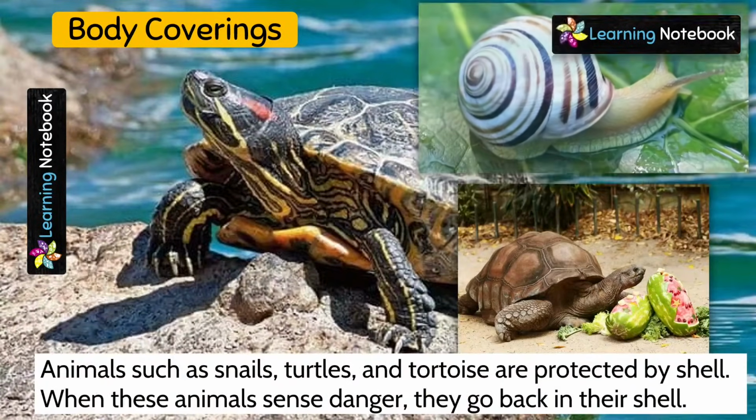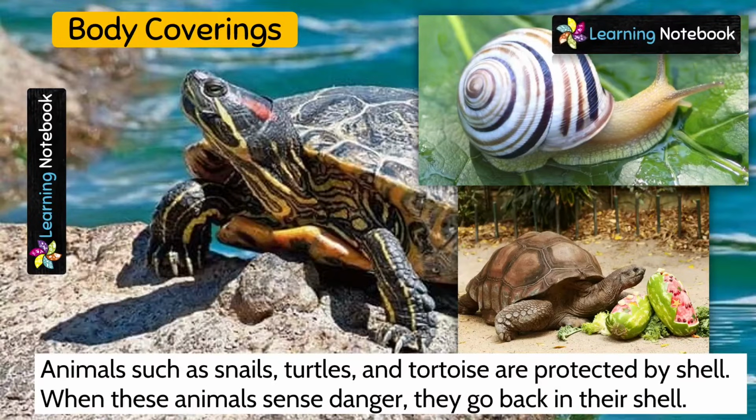Next, animals such as snails, turtles, tortoise, they are protected by shell. Whenever these animals sense danger, they go back in their shell. So, this is another adaptation in the form of body covering.